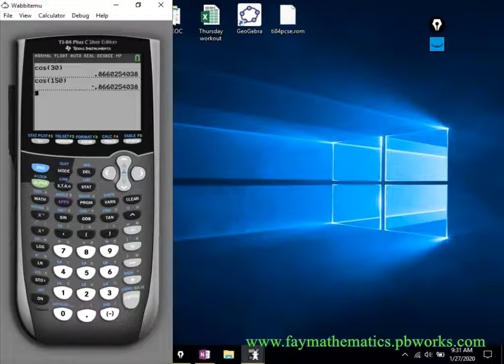Same number, but negative, right? Okay. So I want to talk a little bit about how we should know that whenever I ask you find cosine of, say, 30 degrees, or cosine of 150, or cosine of 210, or cosine of 330, how we should know that those are always 0.866, but some of them are positive, some of them are negative, okay?